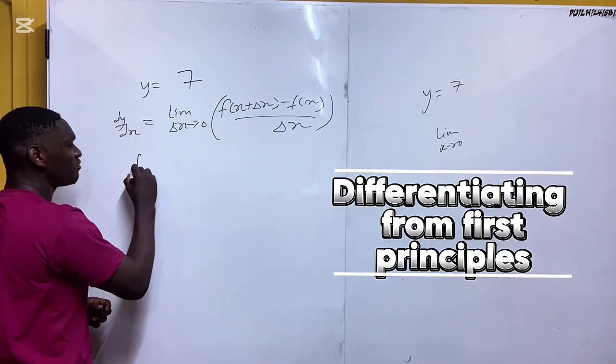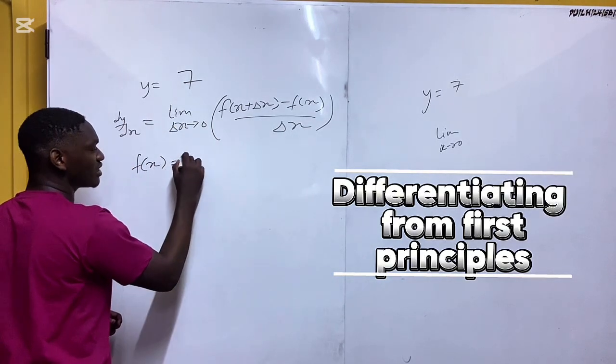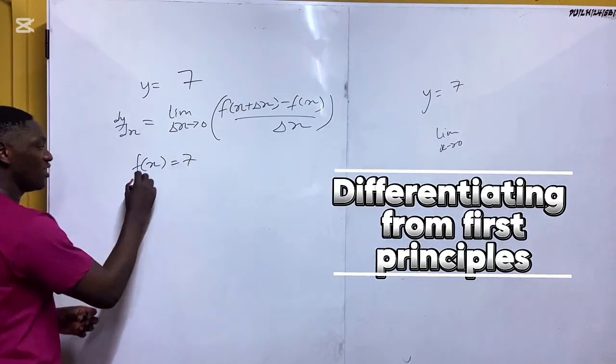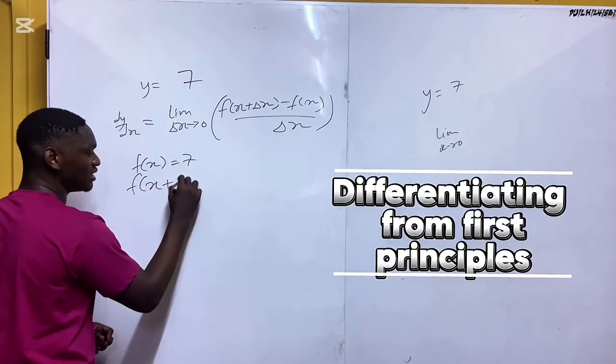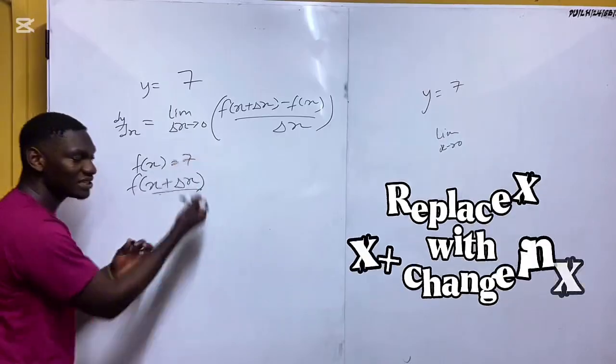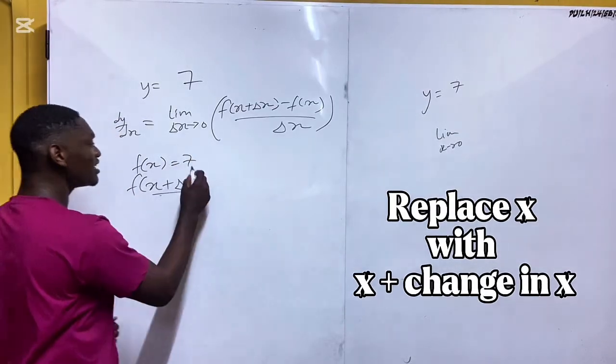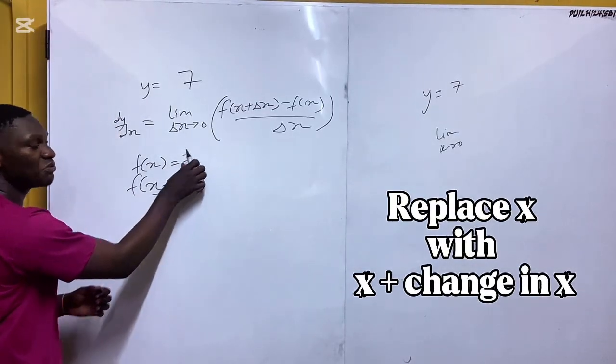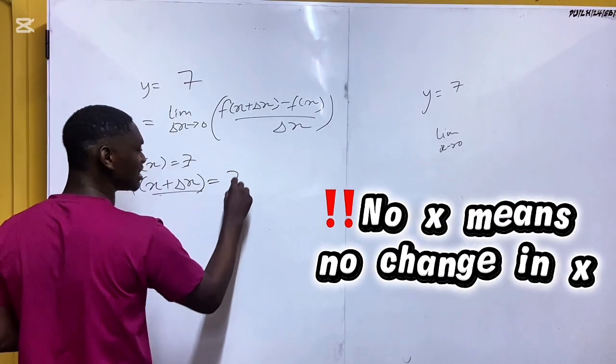Y is 7, f of x is 7. F of x plus change in x. This means that whenever you see x, replace it with x plus change in x. Since there's no x in 7, you can't actually put it anywhere. So this will still give you 7.